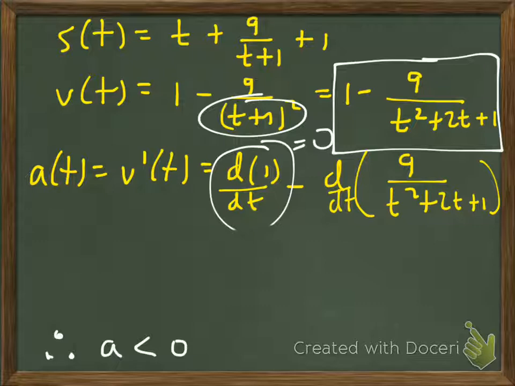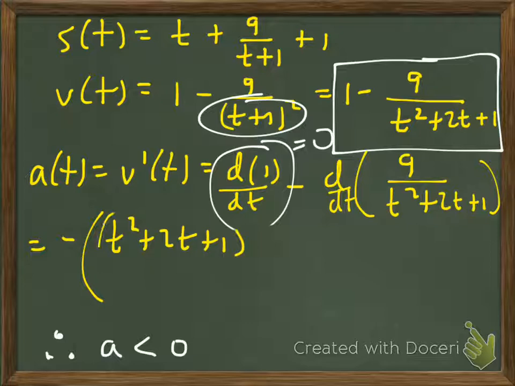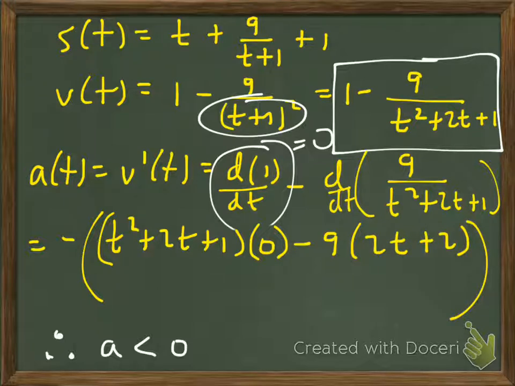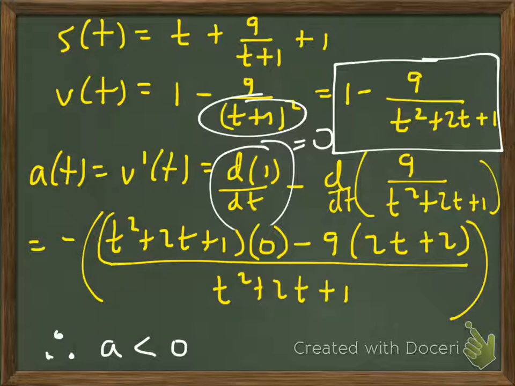So low equals negative... the low would be the denominator, t squared plus 2t plus 1, multiplied by the derivative of the numerator, which is 0, minus the numerator multiplied by the derivative of the denominator, which is 2t plus 2, all over the denominator squared, t squared plus 2t plus 1 quantity squared.